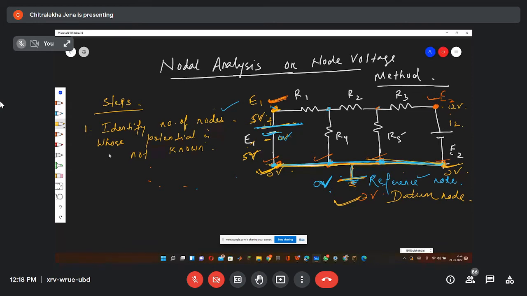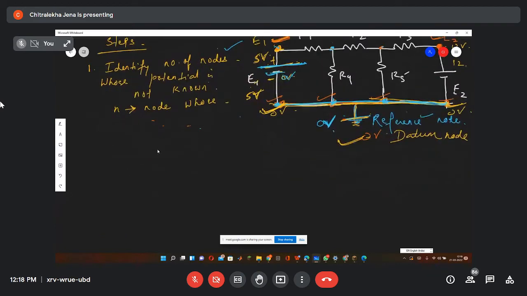Suppose n number of nodes have unknown potential; then you have to write n equations, excluding this datum or reference node. N is the number of nodes whose potential is not known. So you have to identify those nodes.